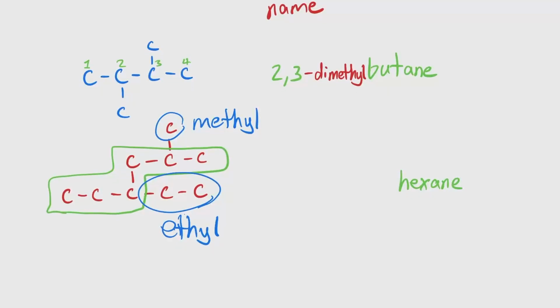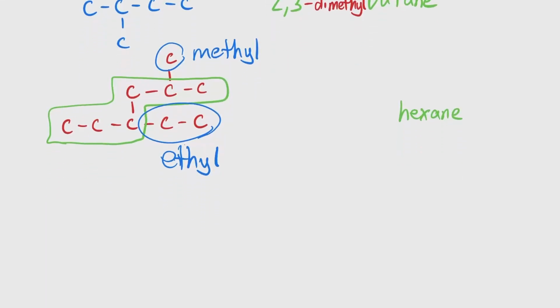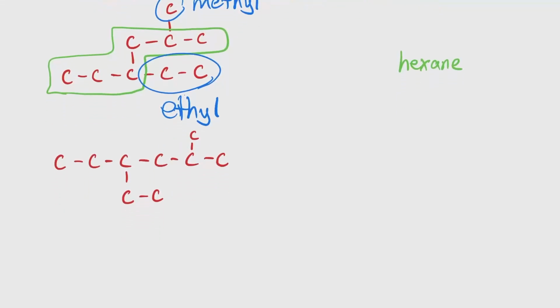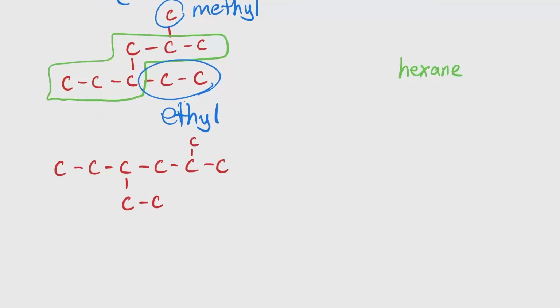We have to figure out what numbers to give them. So I'm going to draw out both ways that we can number this, and I'm going to straighten out the chain for us. So we had one there, and we had one there. And if we were labeling it left to right, 1, 2, 3, 4, 5, 6. So what would our numbers be for, let's start with our methyl group.